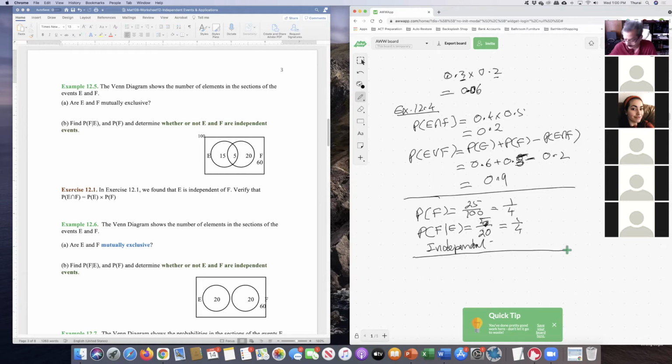Let's find probability of E intersection F, and that's 5 elements in the intersection. So it's 5 over 100, and probability of E is 20 over 100. Probability of F is 25 over 100.